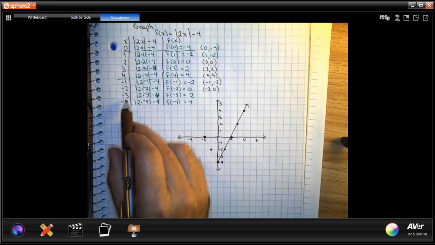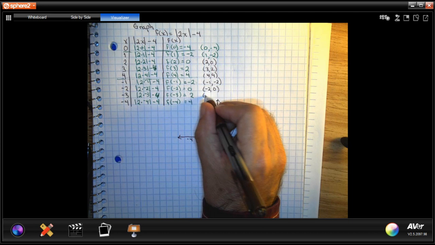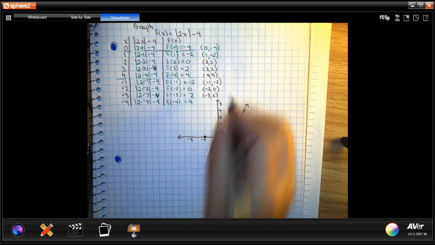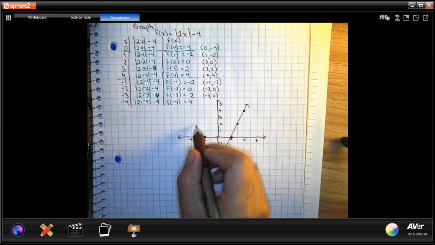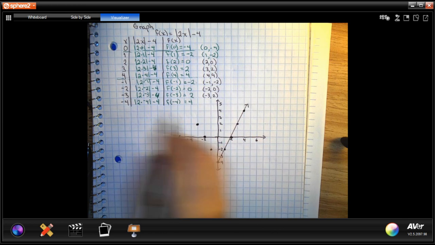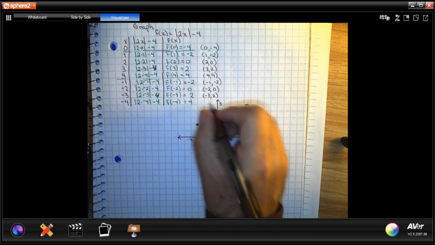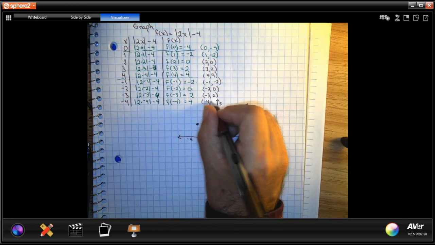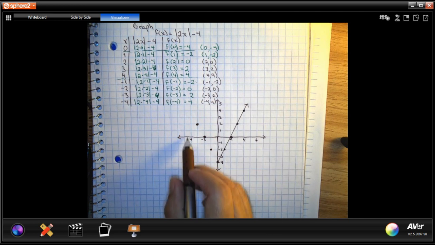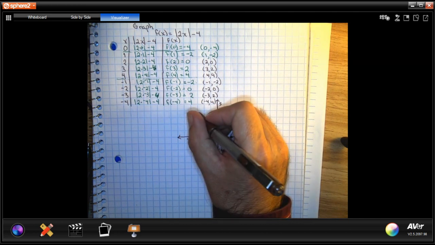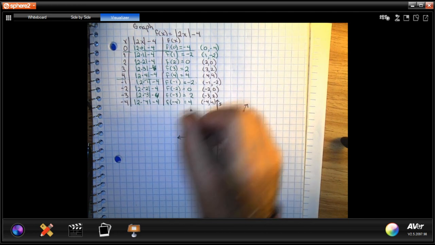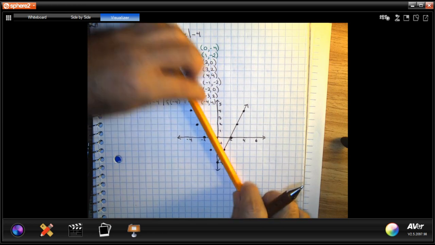We've got the point negative 3, 2. And the point negative 4, 4. I will connect those points.